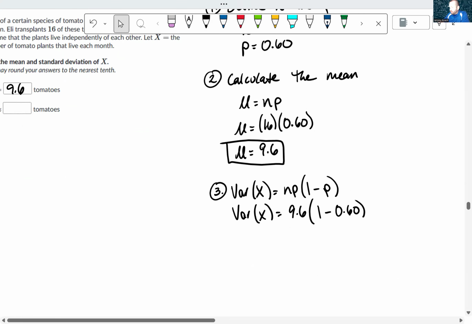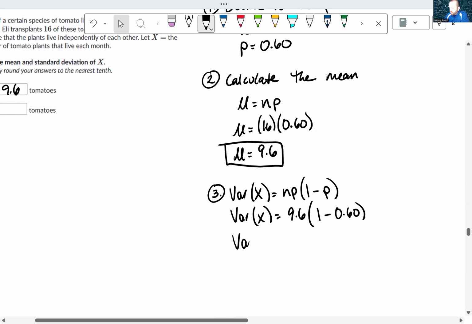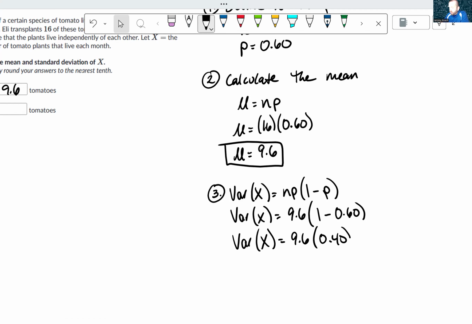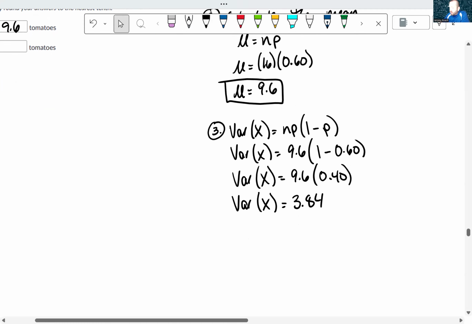So now we've got the variance of X is equal to 9.6 times 0.40. And it looks like we're going to get 3.84 for our variance. And then our last step, we're going to find the standard deviation.